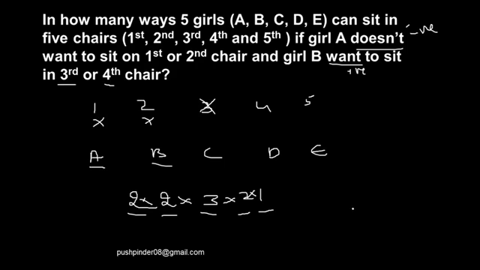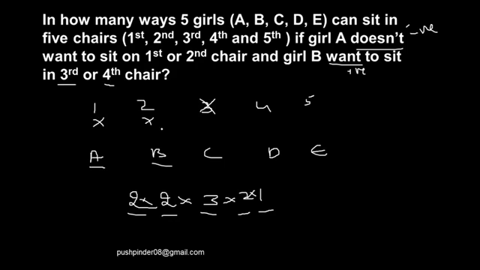I hope everyone is understanding what I'm trying to do here. Let me take a quick recap. There are 5 chairs and 5 girls. First we satisfy the positive condition: girl B wants to sit on the third or fourth chair. Make her happy, so we give her a choice, third or fourth. 2 ways to do that. She sits on the third.